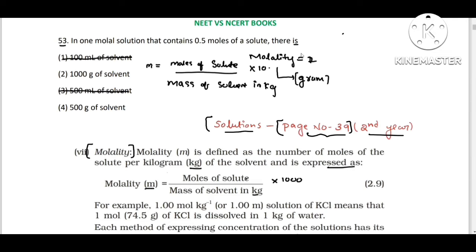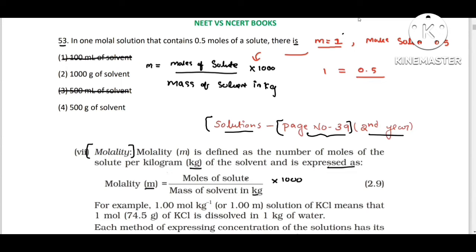into 1000. Here, according to the given question, the molarity is equal to 1 and the moles of solute is equal to 0.5. Now substitute these values in the given formula. We have 1 equal to 0.5 by mass of solvent into 1000.